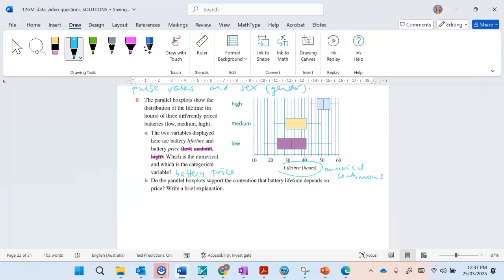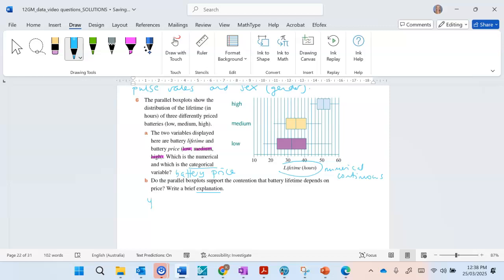But you can use ordinal or you could have nominal. Doesn't really matter as long as one is categorical and one is numerical. Do the parallel box plots support the contention that battery lifetime depends on price? Write a brief explanation. So you can't just say yes or you can't just say no.